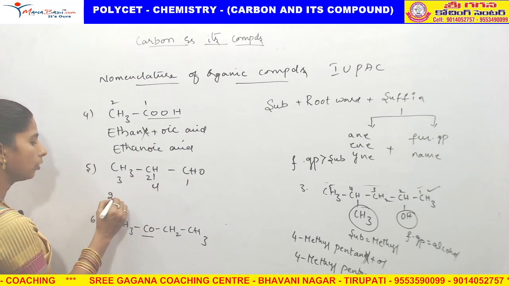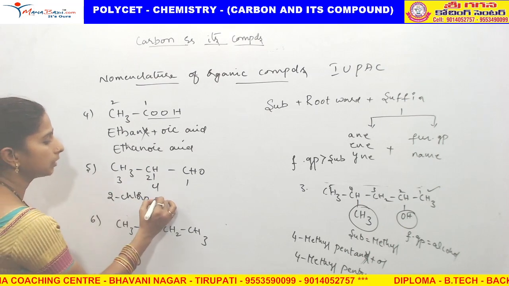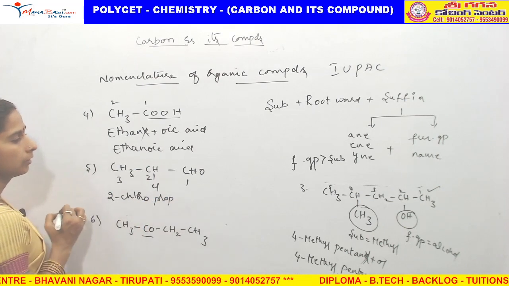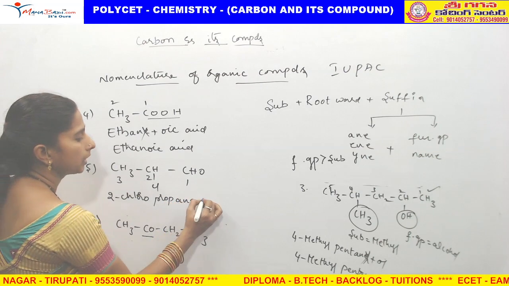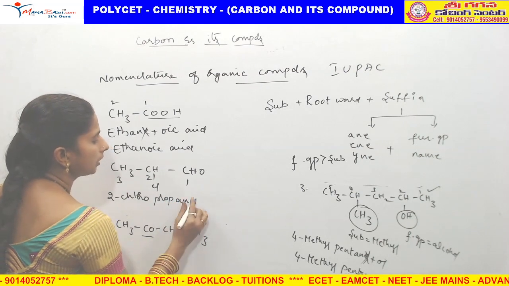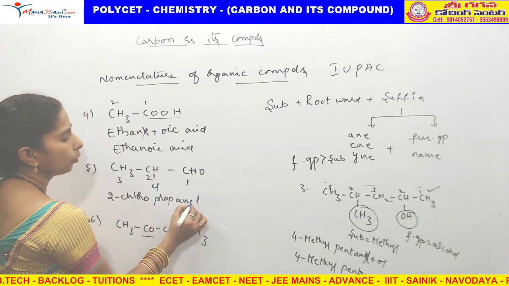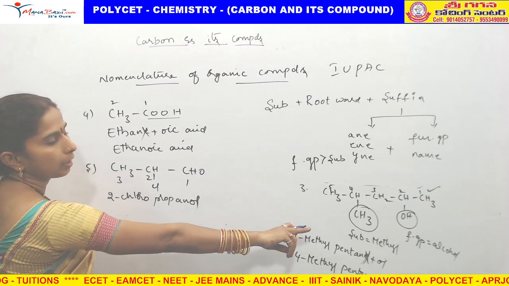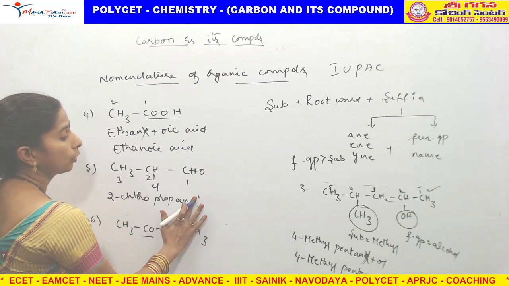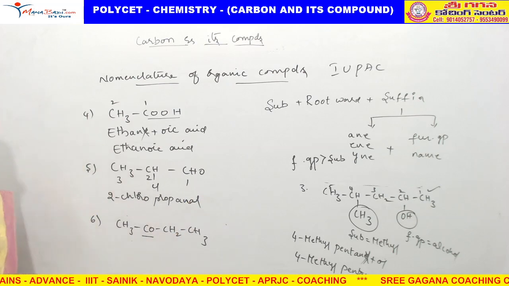Second position. So 2-chloro, 3 carbons are there, means prop, ane plus al, propanal. What is the name? Propanal. By mistake, if you write ol, that would be the alcohol functional group. So you should not make a mistake even in spellings also.